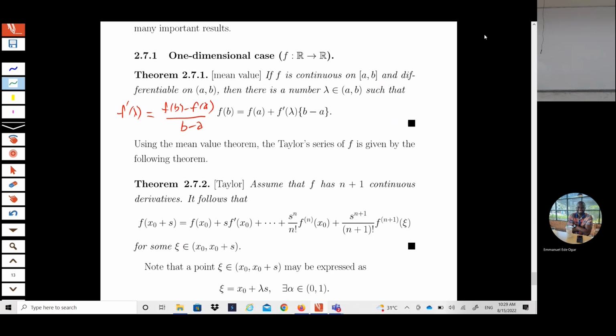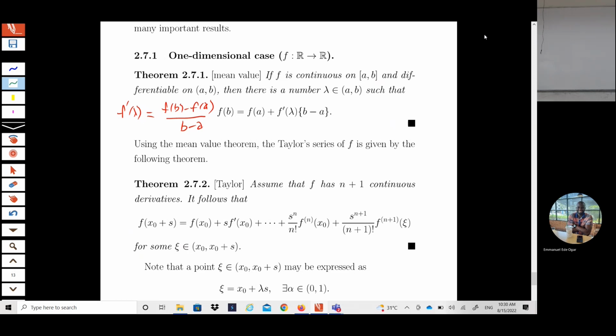So f(x naught plus s) is equal to f(x naught) plus s f prime(x naught) plus, and so on, up to s to the power of n divided by n factorial times the nth derivative of f at the point x naught, plus the last term, which is called the remainder term.